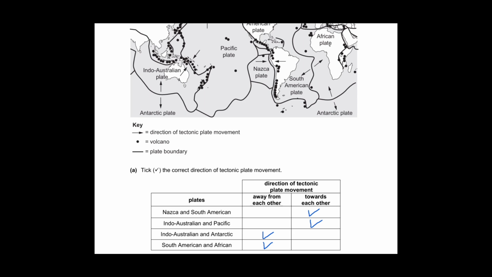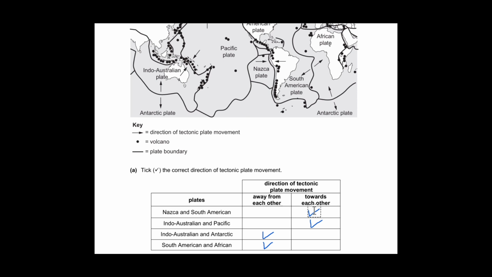The first one is talking about Nazca and South America. Going through the diagram, look at the Nazca plate here, and look at the South America plate here. If you look at them very well, you can see that the arrow from the Nazca plate is pointing towards South America, and the arrow from the South America plate is also pointing in the direction of the Nazca plate. That means they are pointing towards each other.